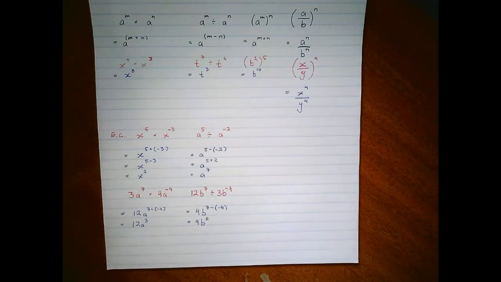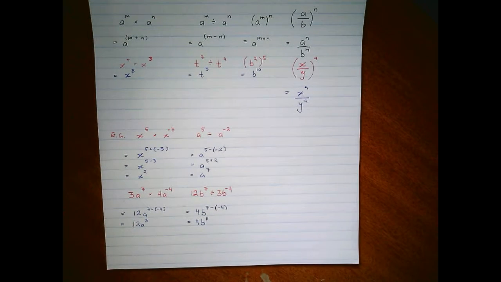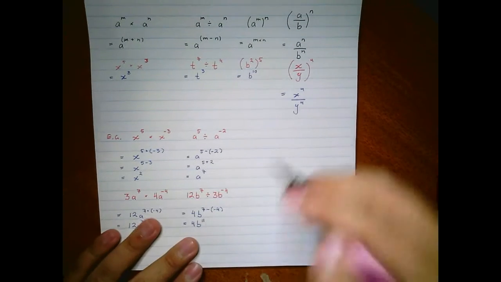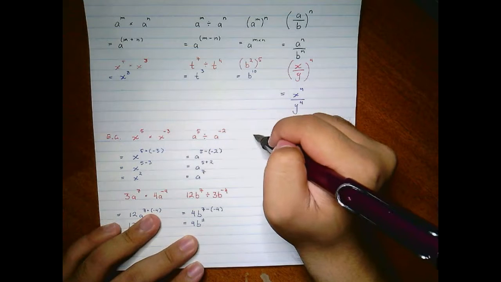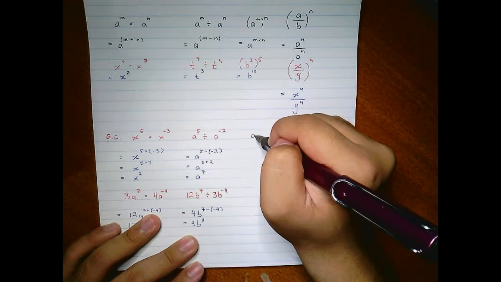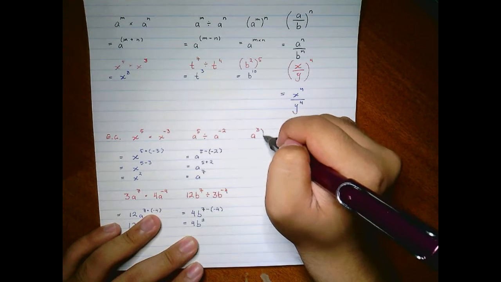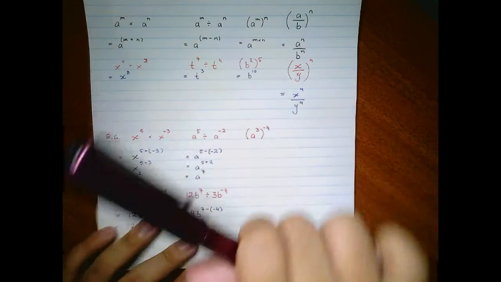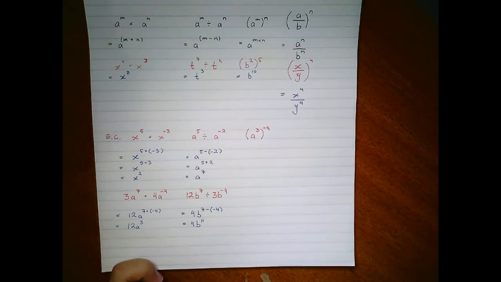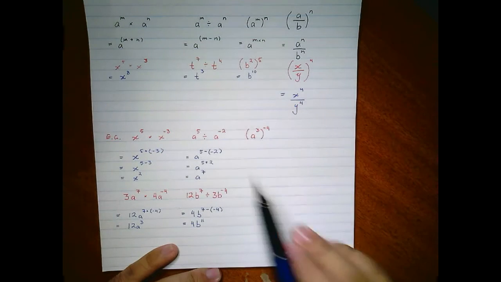Okay, we'll do another one. Now we'll do this example here. I hope you're beginning to see what would happen. Let's pick the example of a to the power of 3 outside the power of -4. Well, using this index law, we're going to apply it to this one.